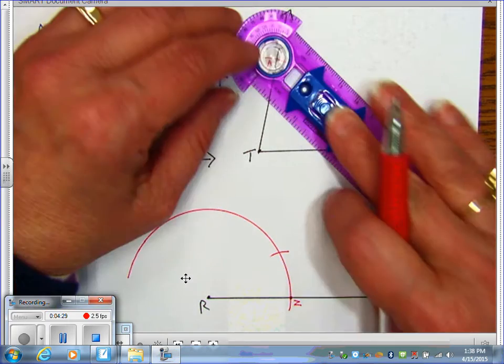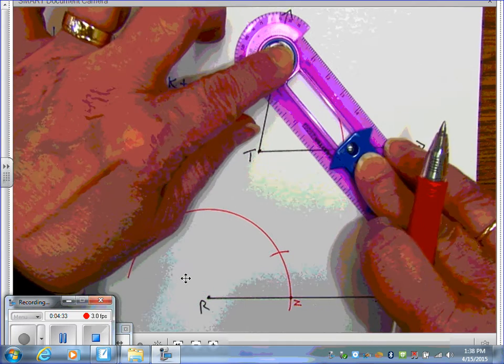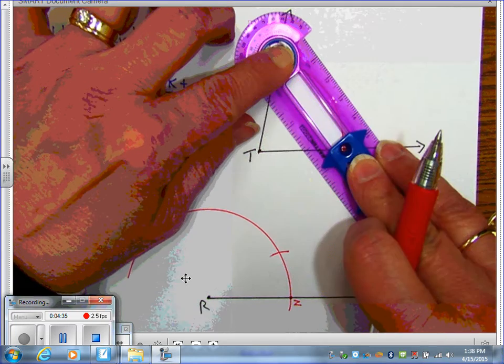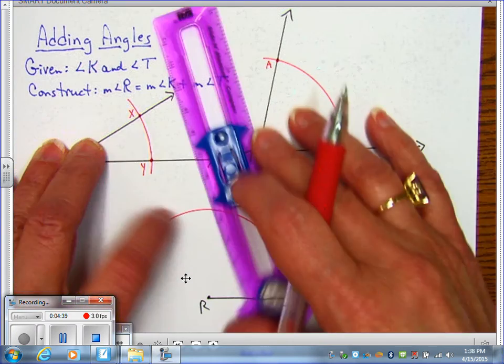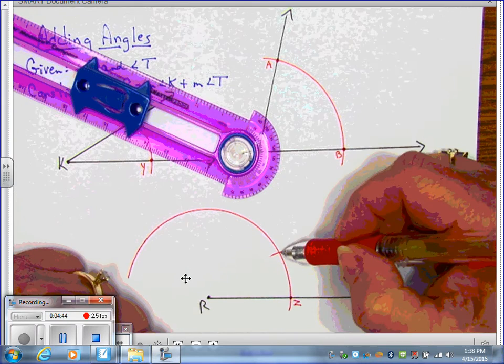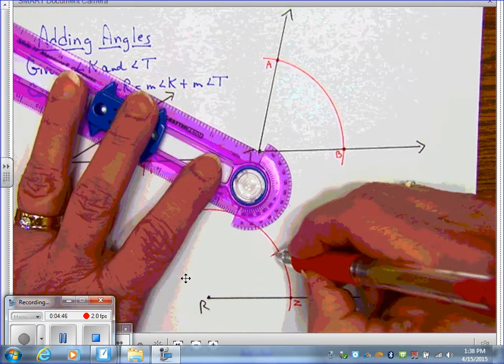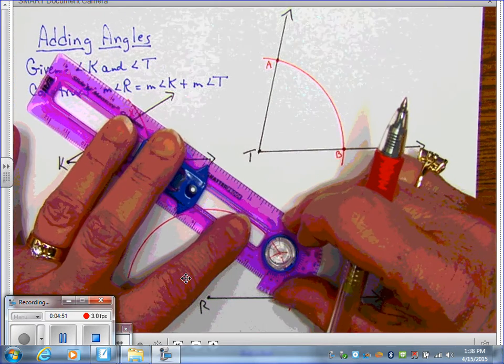So we need to measure from A to B. A to B. This is a different measurement. And again, I'm not going to start it at Z. I'm going to start it at where I finished. And I'll just give myself a little point there to aim at with the center here.